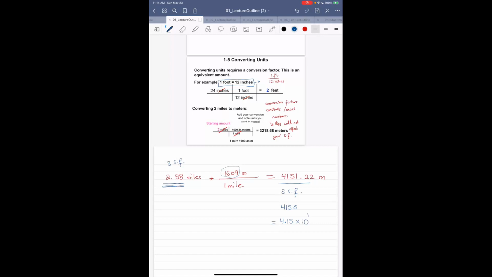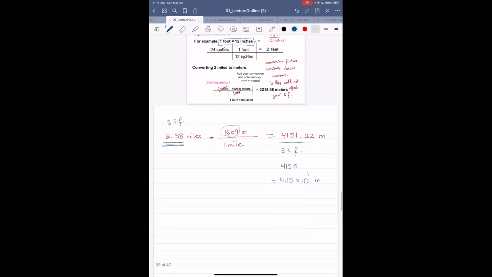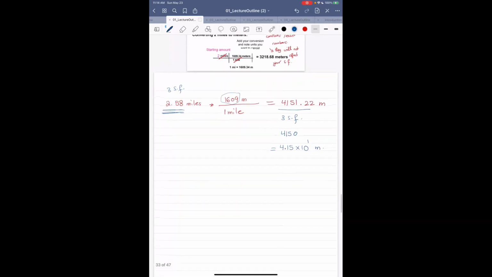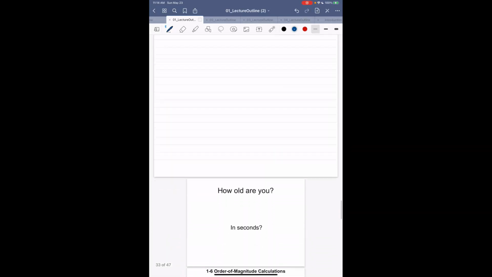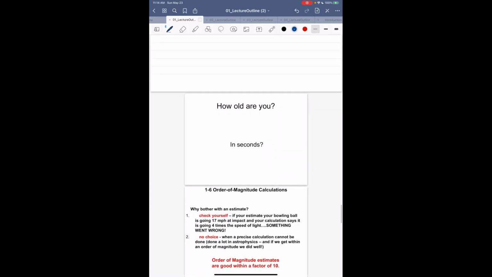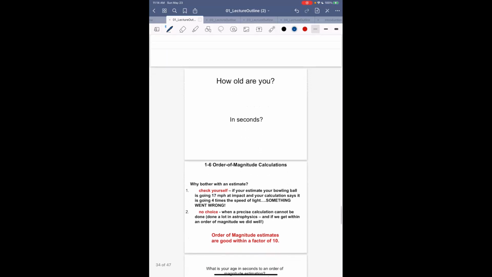Then this is the best. There is one opinion saying that if I don't have a decimal, I can consider this 3 significant figures, but not all of the people agree on that. Okay, for example, here, how old are you in seconds? You can do that calculation.